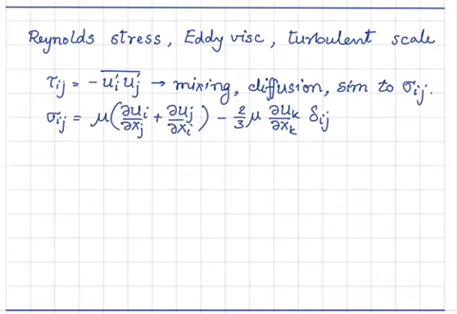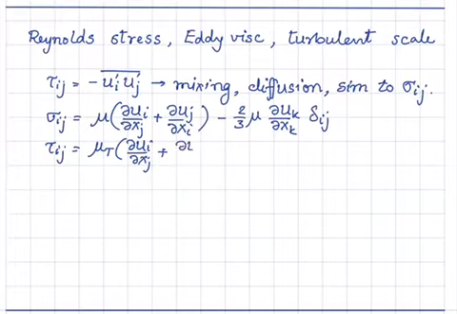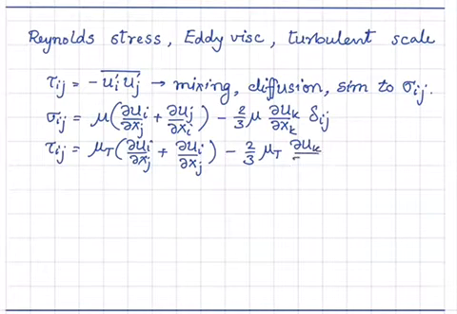The similar action is done by the Reynolds stresses, and we define a similar quantity called eddy viscosity or the turbulent viscosity, and write an expression for tau ij as mu t times dui dxj plus duj dxi, exactly similar to the viscous stress, minus 2/3, again mu t instead of mu, and the dilatation, divergence of velocity.